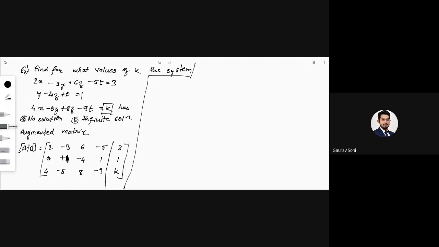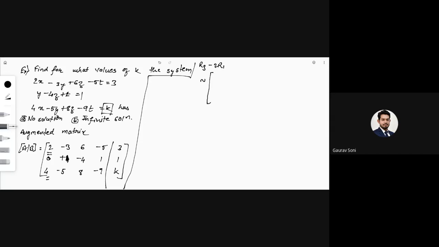So the augmented matrix. No need to make the A11 entry 1 because I can use that 2 and make the A31 entry 0. So R3 minus 2 times R1.